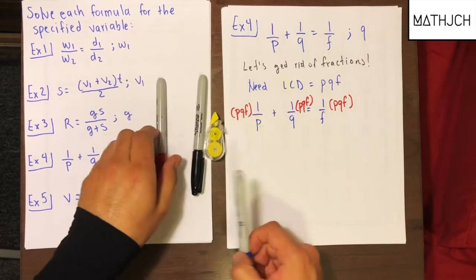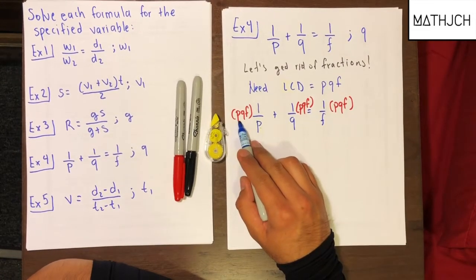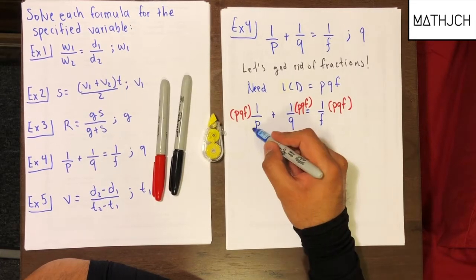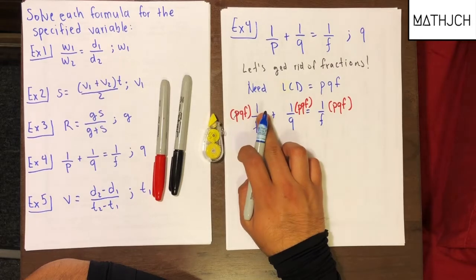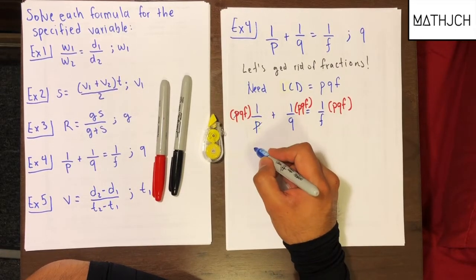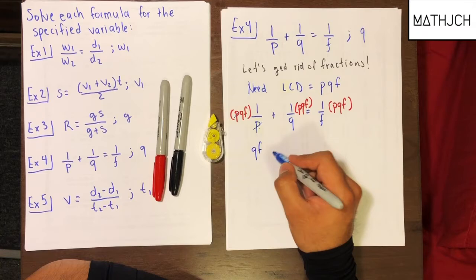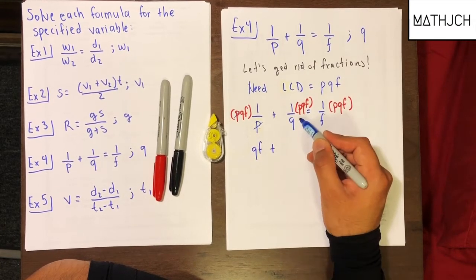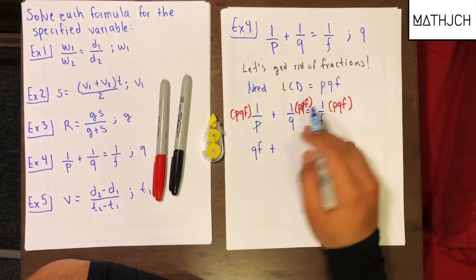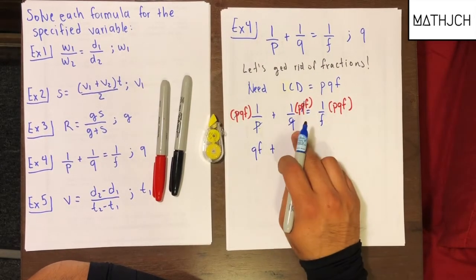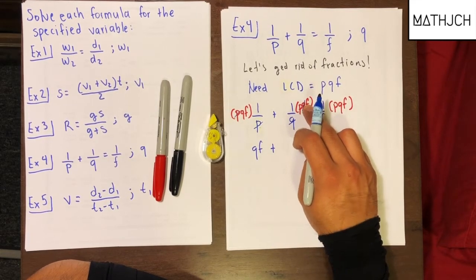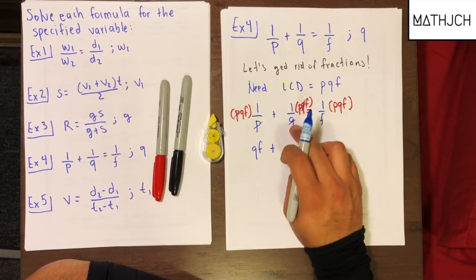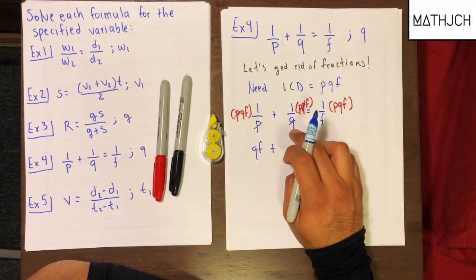Because notice what's going to happen. This P with this P is going to cancel. So we are left with QF multiplied by 1, that gives us QF. Let's bring down the plus. In this fraction, we have Q in the denominator, so the Q from the LCD will cancel with the Q of this fraction, because this Q is in the numerator and that Q is in the denominator, they are dividing, so they cancel.